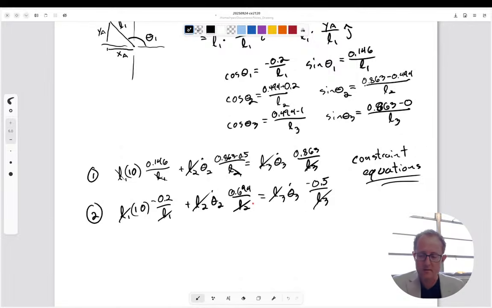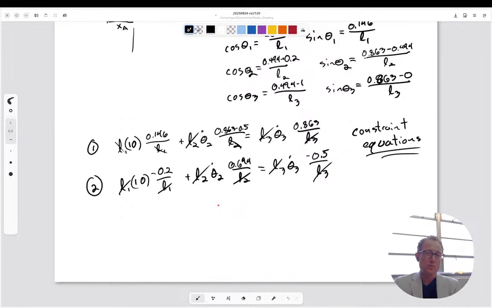From here, you've probably seen different ways of solving two equations and two unknowns. A lot of people will go through and say, okay, let me solve for theta 2 dot in terms of theta 3 dot and plug that into the next equation. Then you get one of those values. I'll show you the way that I like to do it at least.